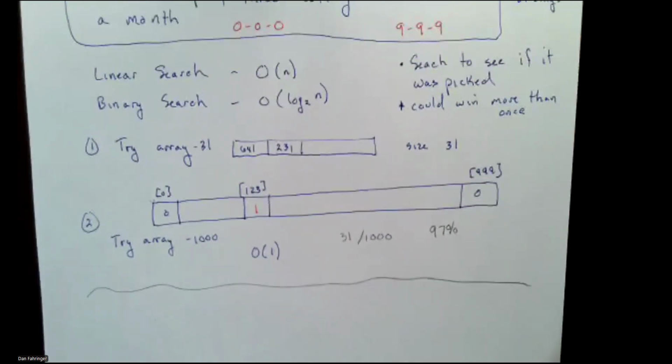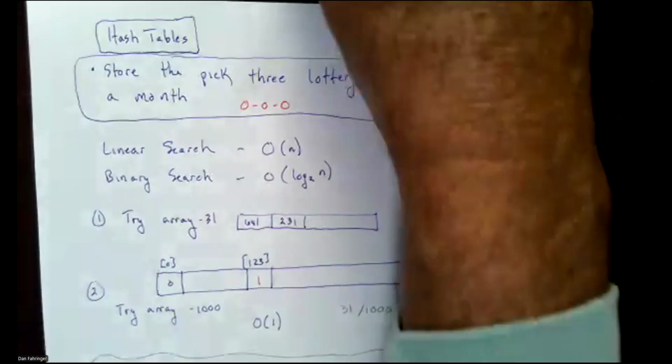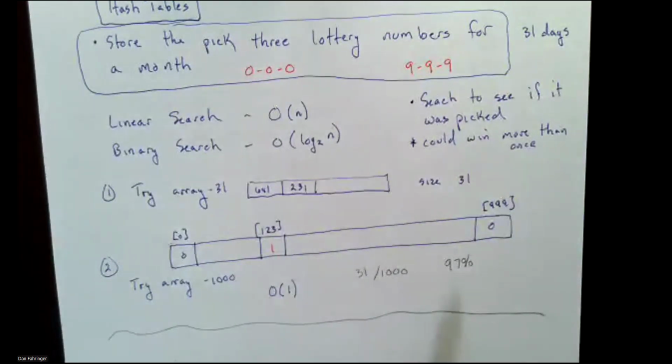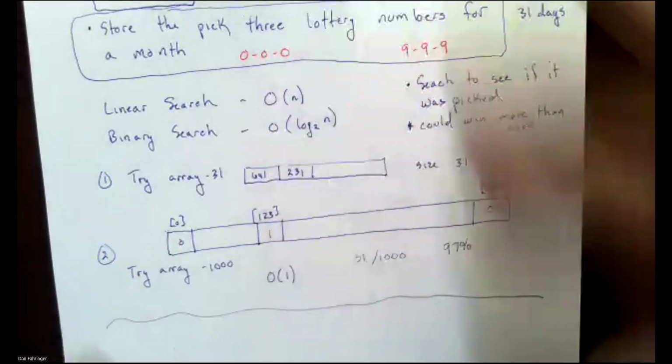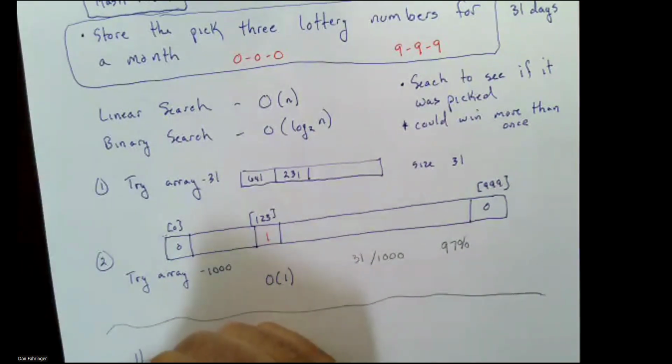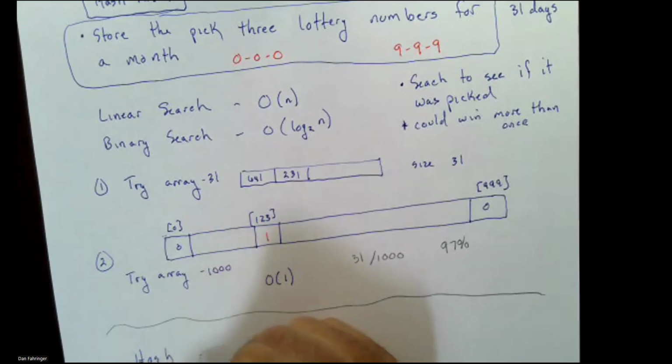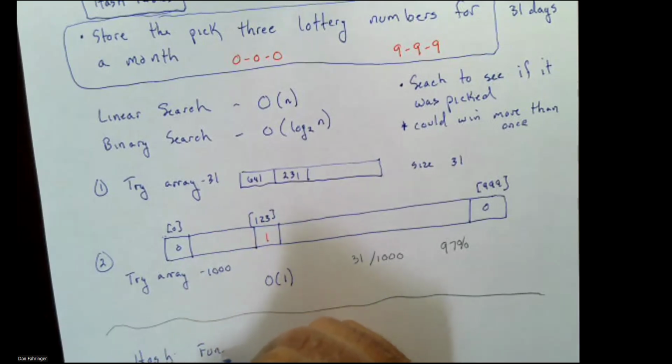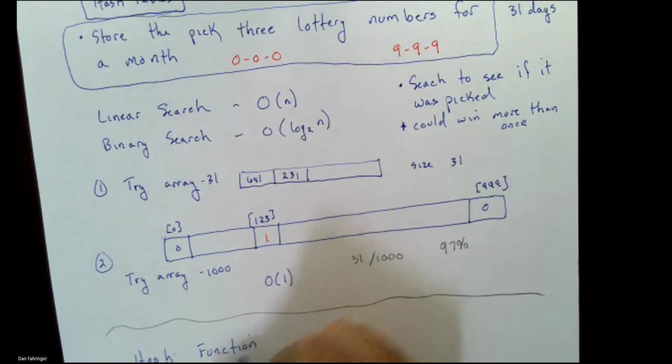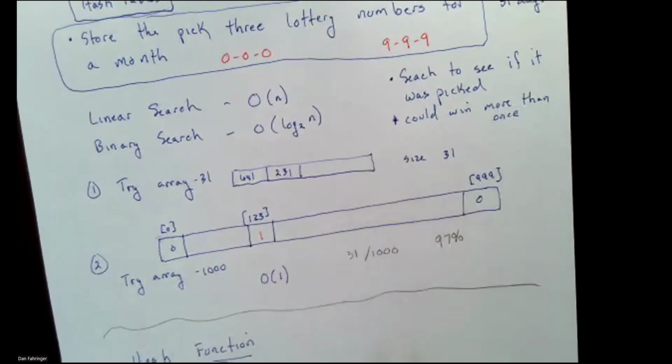So we want to be able to create a hash table. We want to store 31 numbers, and we need to figure out a way to store it. So the first thing we're going to do is create something called a hash function, which is going to tell me a way to store where to start.